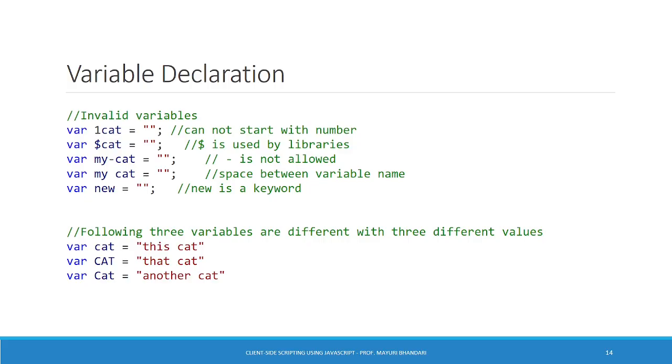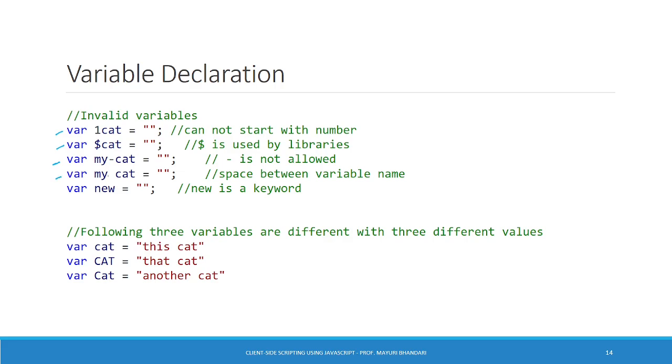Okay, these are some of the examples of variable declaration. In the first section, all invalid variables are given. This is invalid because it starts with a number. This is invalid because it starts with a dollar sign, which is used by libraries. This is invalid because it is using a hyphen, which is not allowed. Underscore is allowed, but hyphen is not allowed.